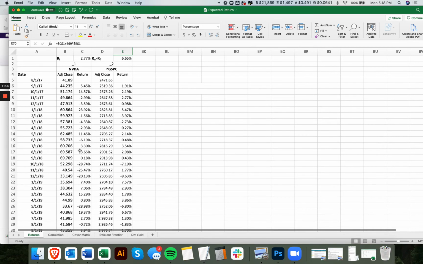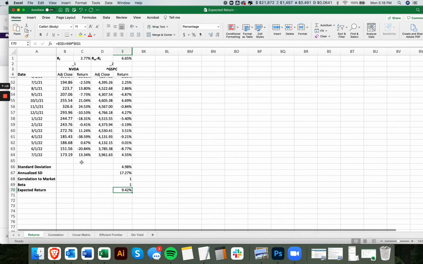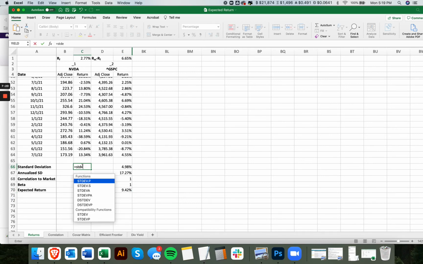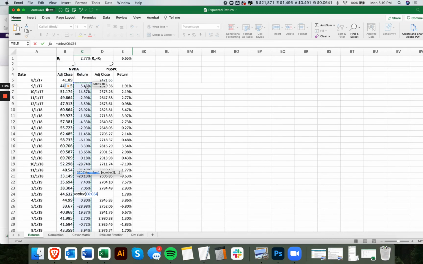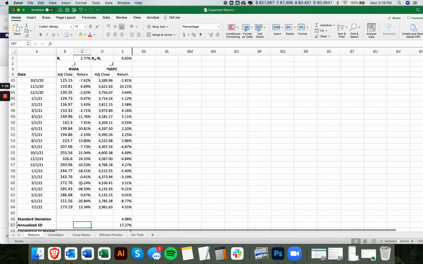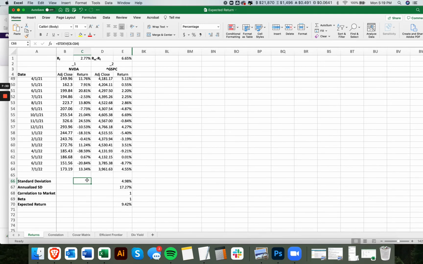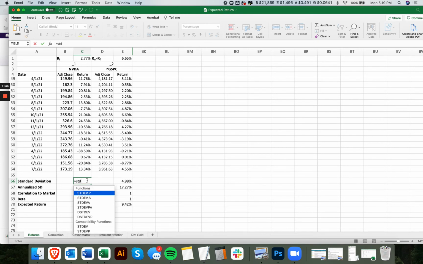Okay, so let's factor in now the numbers on our Nvidia stock. Again, we're going to take the standard deviation as a measure of risk here of the returns over our selected time frame, which is not showing up for some reason. Let's try that again. Let's take the standard deviation.